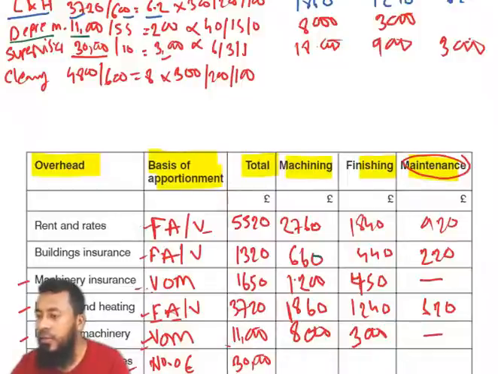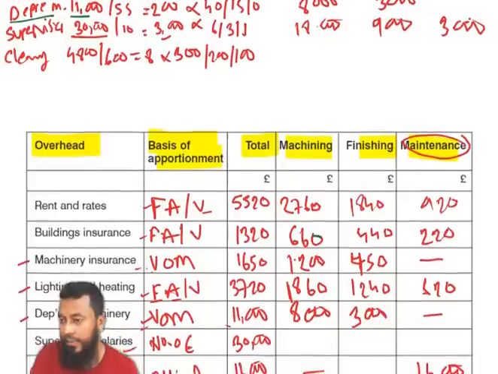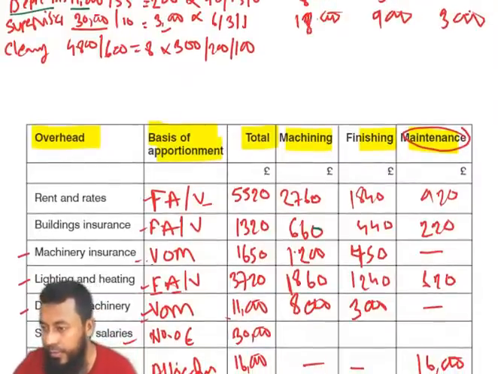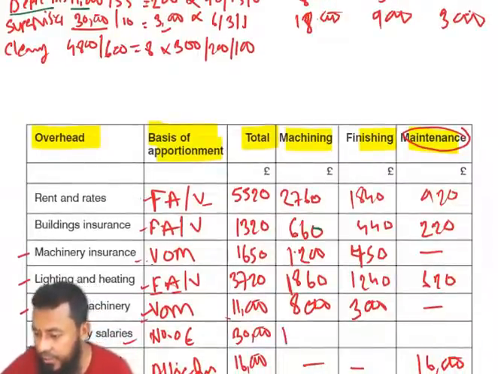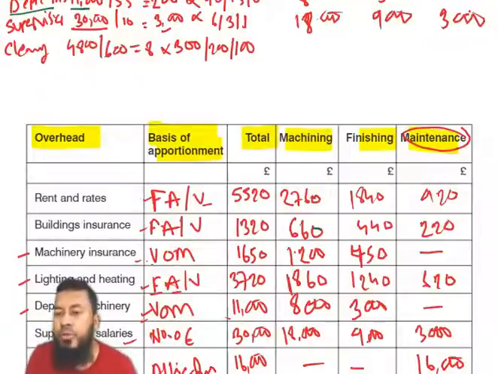That we need to take here: 18,000, 9,000, 3,000. Okay, that's the supervisor, and cleaning is also floor area, 4,800. Take it there.